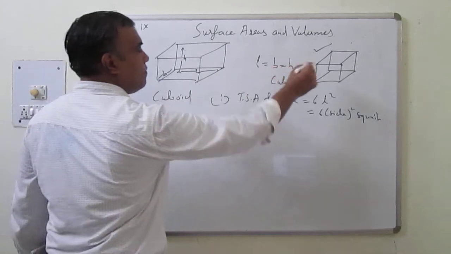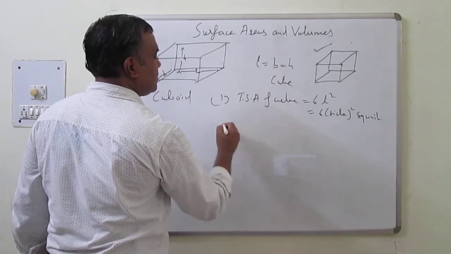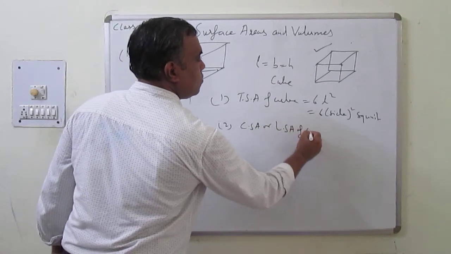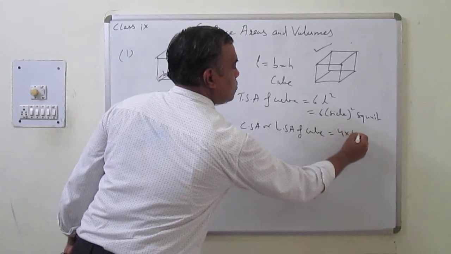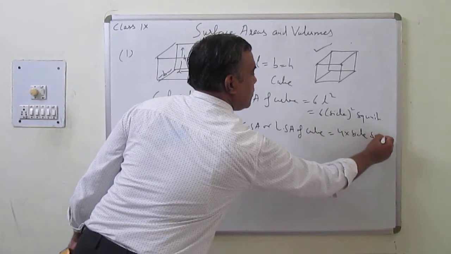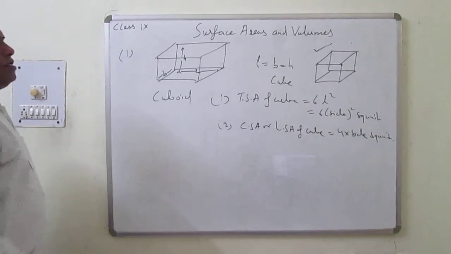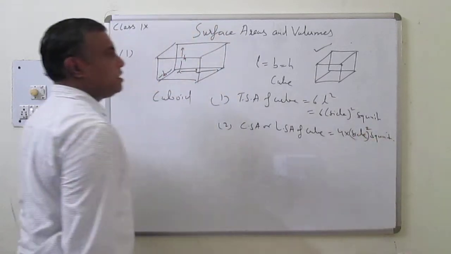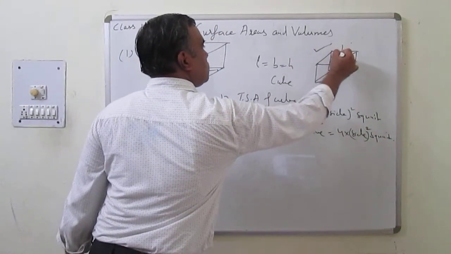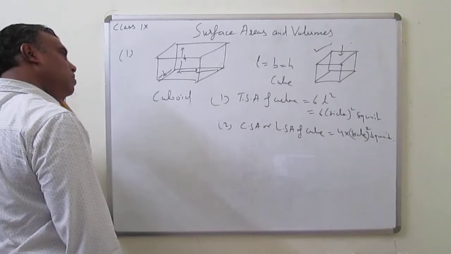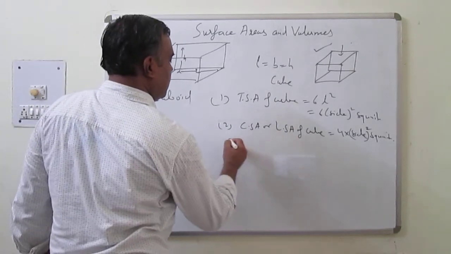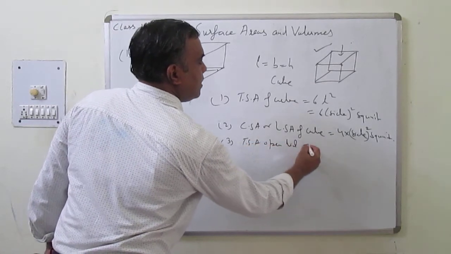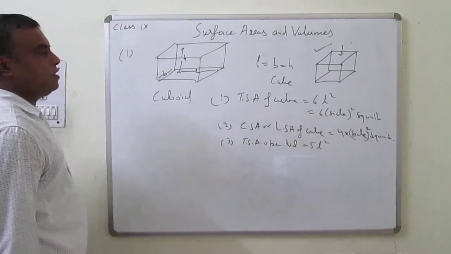Now, what is the lateral surface area or curved surface area, CSA or LSA of cube? 4 into side square, that is square unit. In this also, if the lid is open, then it becomes 5 into side square. Open lid TSA is 5L square unit.